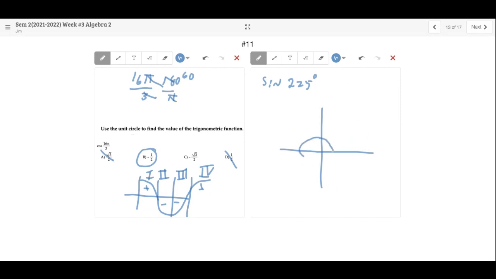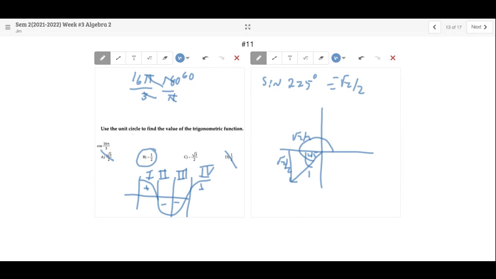That would be your first step. That would come out right about here, right? So 225 is 45 more. So that would be a 45-degree angle here, right? So this would be 1. This would be square root of 2 over 2. So the sine of 45 degrees should be the square root of 2 over 2. However, it should be negative, right? Because the sine is negative in the third quadrant.